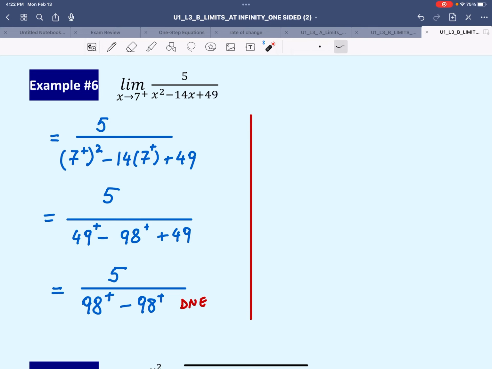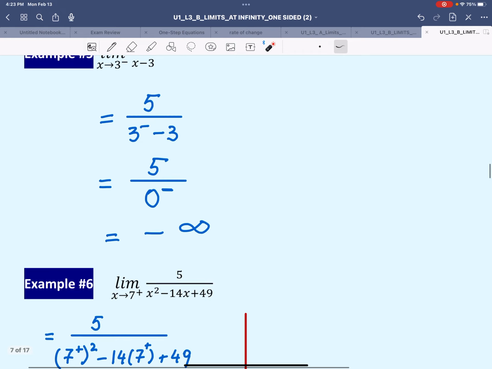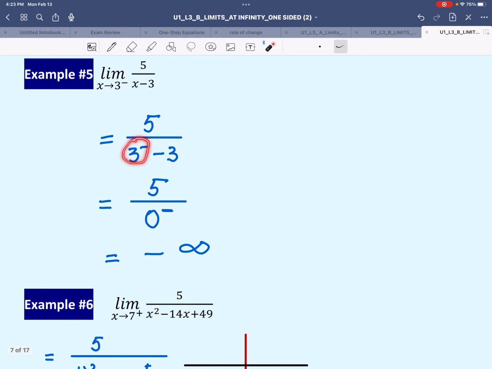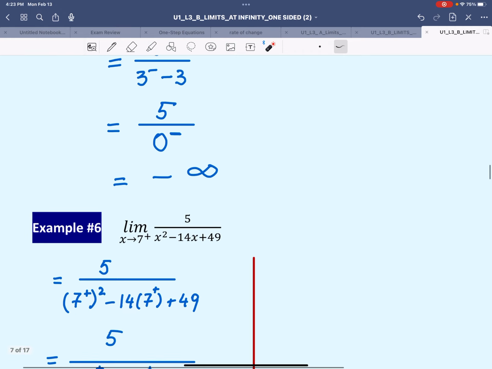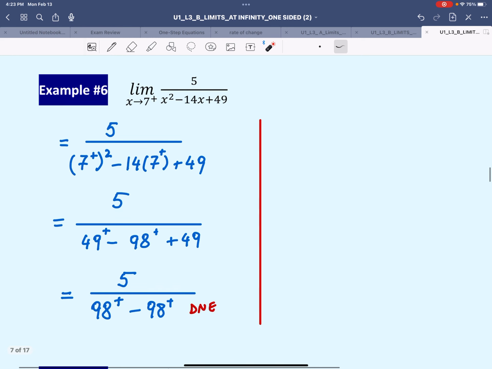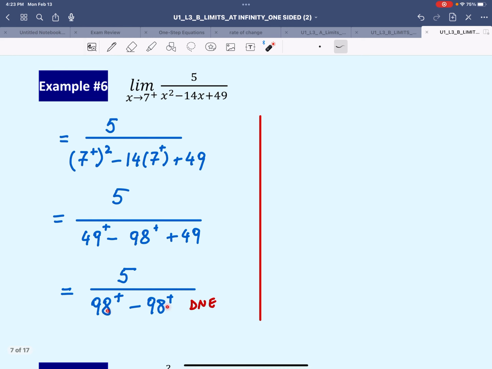We always solve a problem by analyzing where the problem is, like what made us stop here. What made us stop was the fact that we had to subtract two one-sided numbers. Remember, in the previous example we didn't have two one-sided numbers. We only had one, so we were able to get away with it and finish the evaluation quickly. But here we ended up with two one-sided numbers.